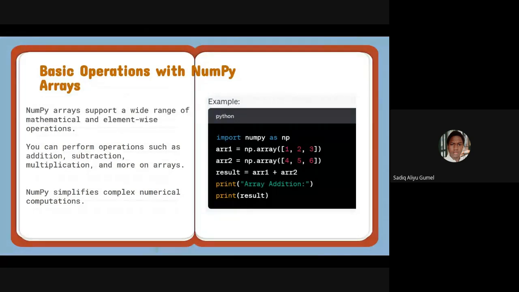So there are some basic operations we can do with NumPy arrays. A wide range of mathematical and element-wise operations, which include but are not limited to addition, subtraction, multiplication, and more. NumPy simplifies complex numerical computation.